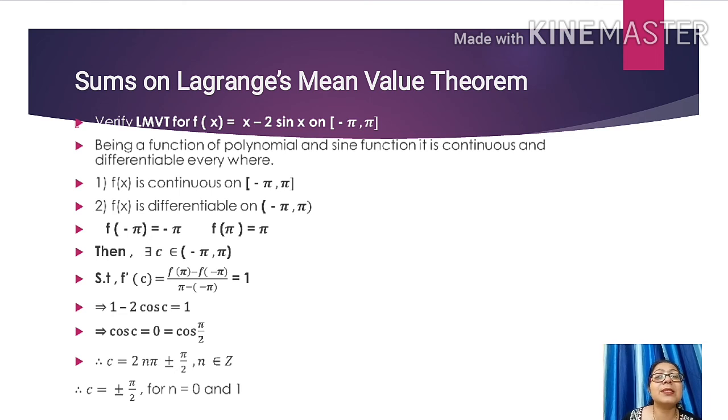So at the point plus minus pi by 2, if we draw the tangent, then the slope of this tangent is equal to the slope of the line joining the points (minus pi, f minus pi) and (pi, f pi).